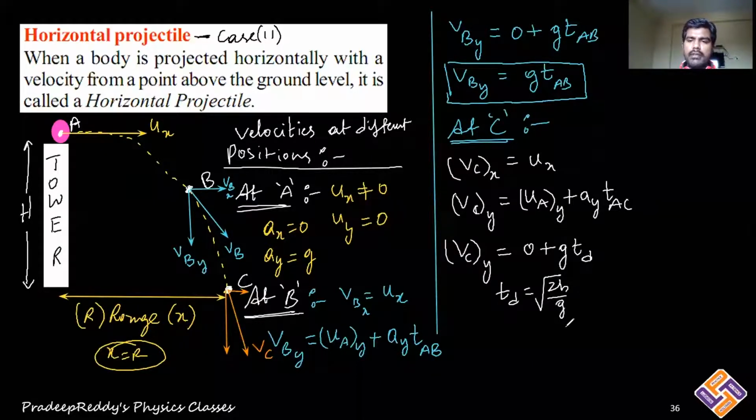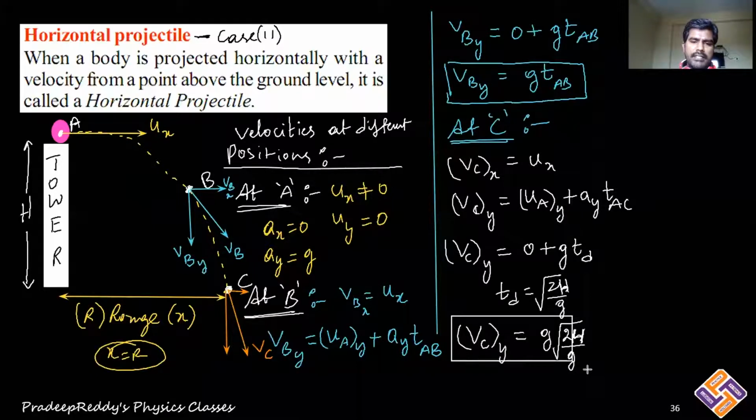This we have already derived. If you do not know that, then watch previous video lectures. So Vc along y direction will be equal to g into under root 2h by g, where h is the height of the tower.